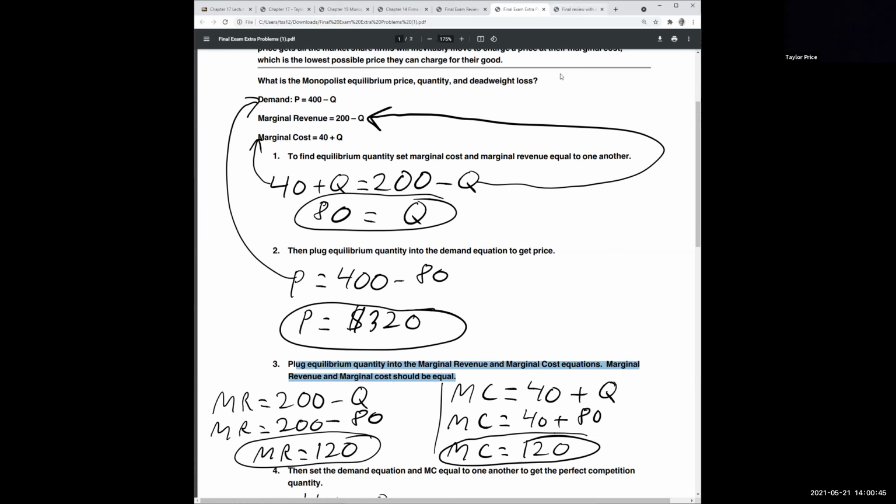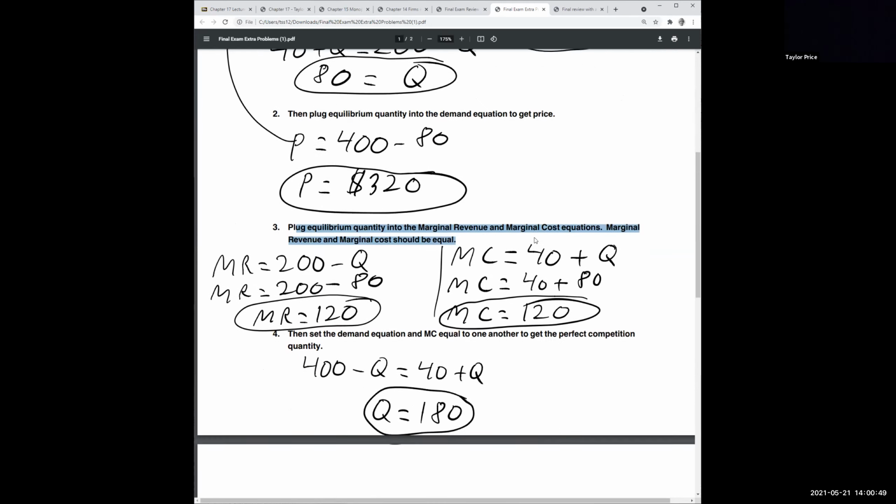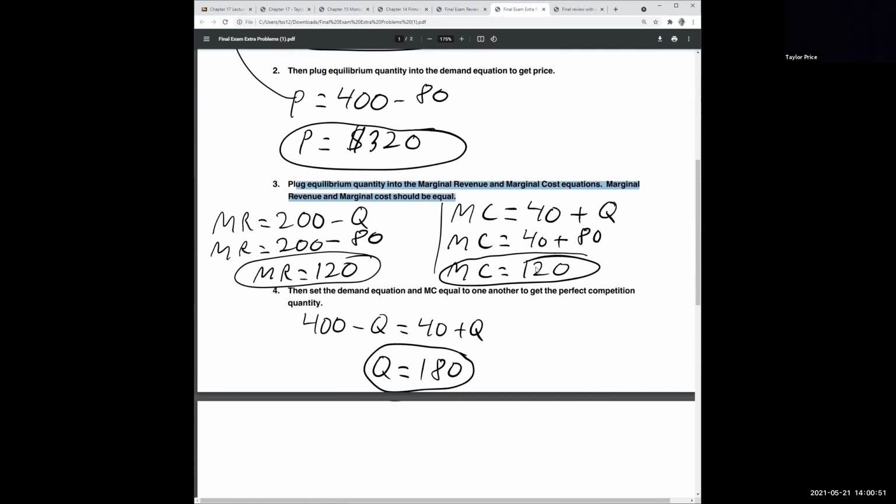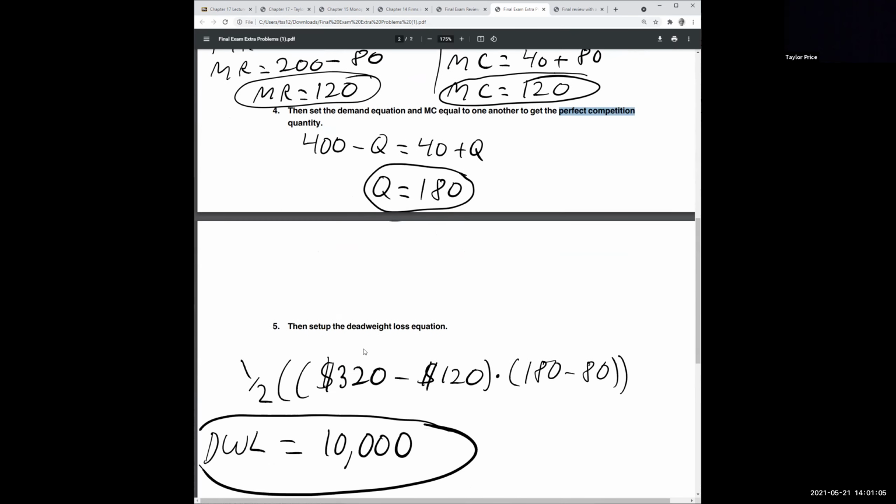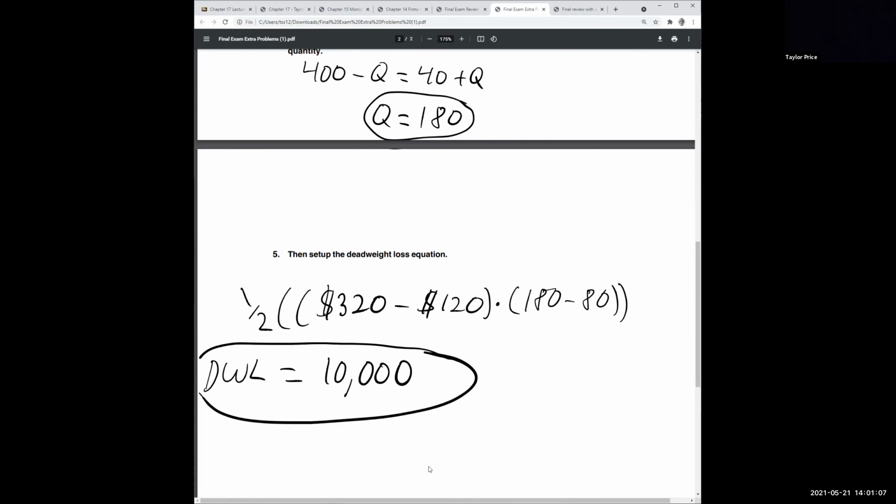So that's how you find that bottom triangle price that we talked about. And then the final piece is to remember that to find the perfectly competitive outcome, you need to set the quantity demanded equal to the marginal cost to get that quantity. And then you just plug those into the deadweight loss equation to get deadweight loss.